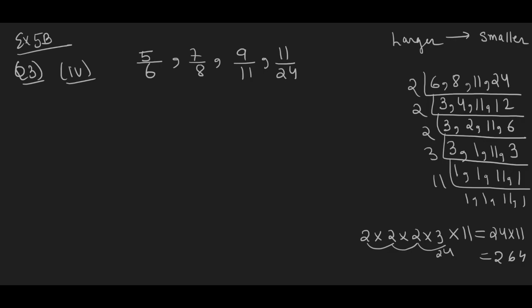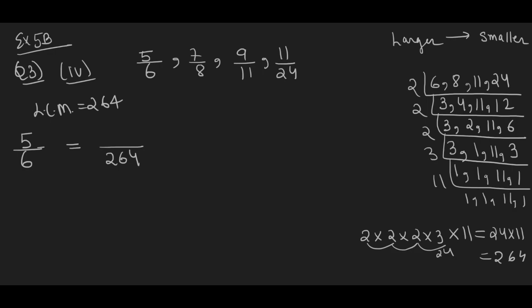Now, after doing all this, children, you will convert them into like fractions. So what will you do? 5 upon 6. You will multiply 5 upon 6 with such a number that in the denominator you get 264.